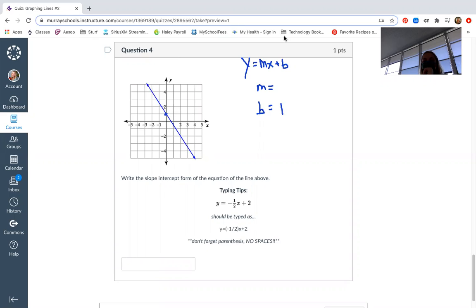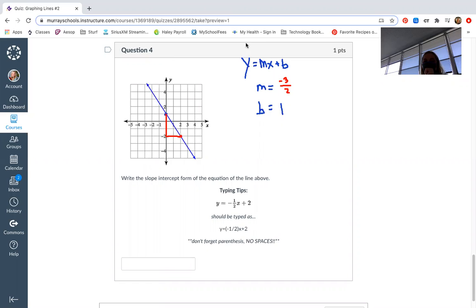My m value is the slope, and that's telling me how far up and to the right. Well, this one's not going up to the right. It's actually going down to the right. So I'm going to try to get to this dot because this is another good corner. It's going down 1, 2, 3 spaces to the right 2. So my slope is down 3 to the right 2. That would be -3 and a +2.